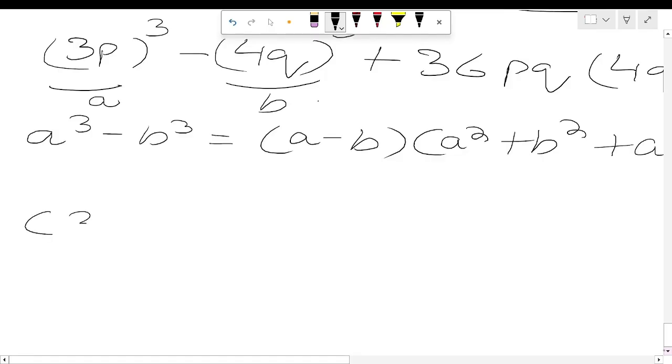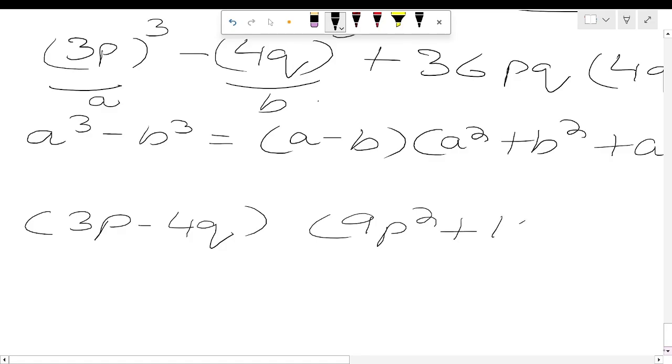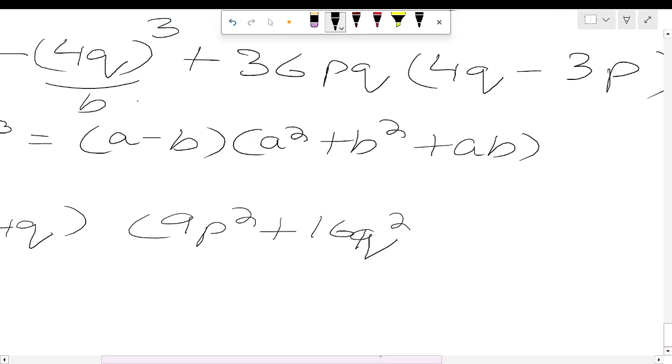So I'll write 3p minus 4q, then I'll take the square of a, which is 9p square, along with the square of b, which is 16q square. After that, I'll just take both of their multiplication, which is 12pq.